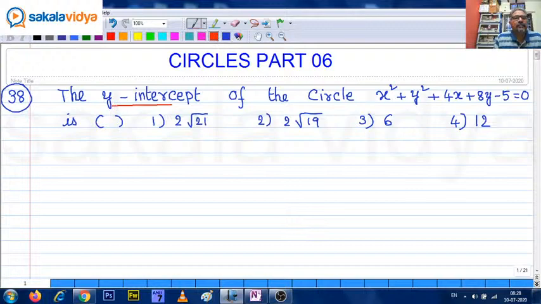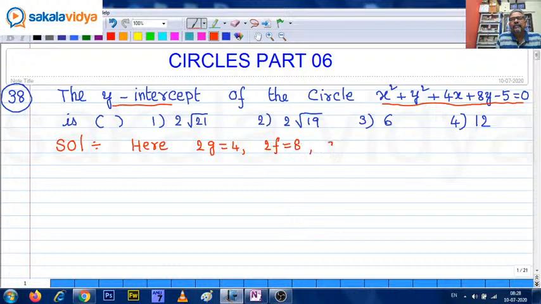First of all, solution: comparing, 2g equals 4, 2f equals 8 and c equals minus 5. So g equals 2, f equals 4.